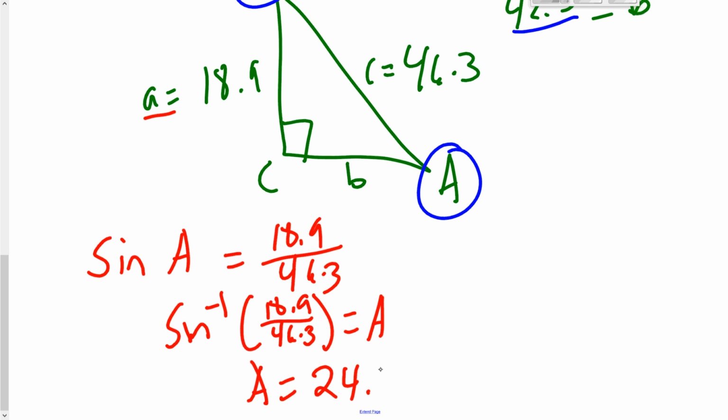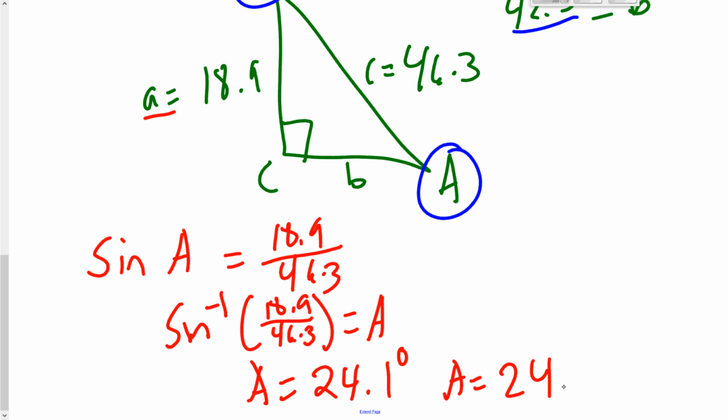Let's see here, 0.1. So A is 24.1 degrees, or 24 and 6 minutes, something like that. So if you look in the back of the book, I think it's off.